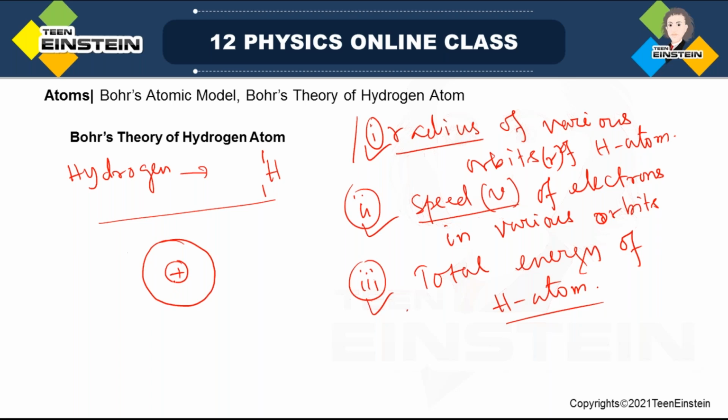In both Bohr's model and Rutherford's atomic model, the orbit has been taken as a circular orbit. So using this circular orbit and this particular postulate, see, the electron is here.